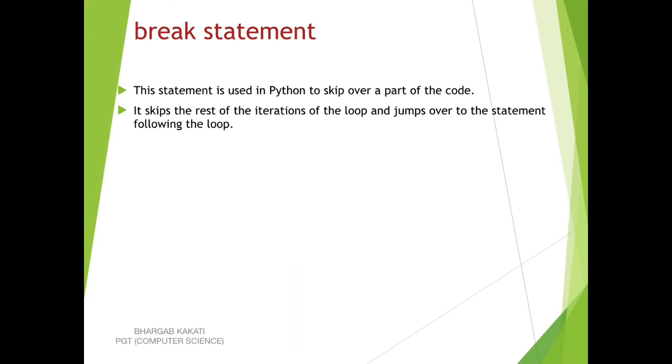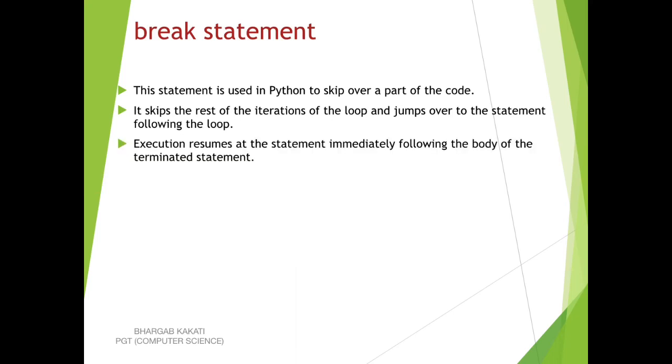Whenever there is a break statement within a loop, and the break statement is reached, the loop will be terminated and the control will skip to the statement after the loop. Execution resumes at the statement immediately following the body of the terminated loop.